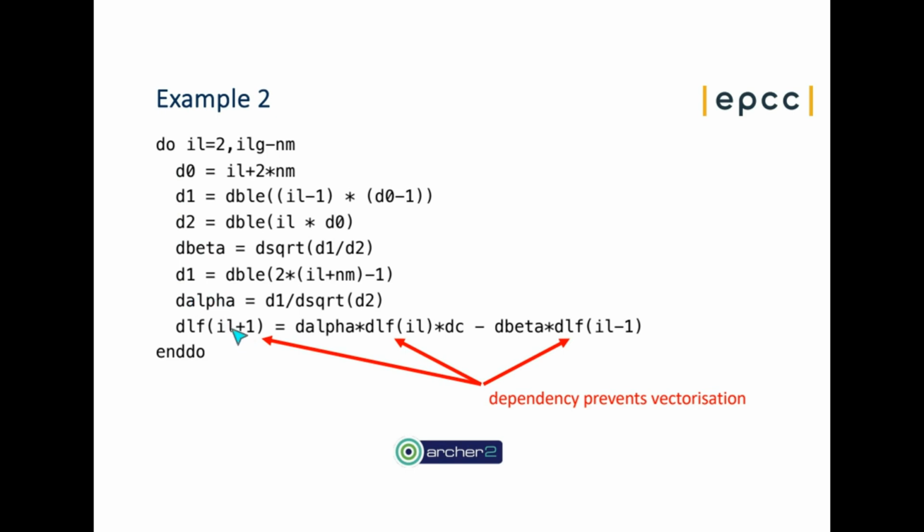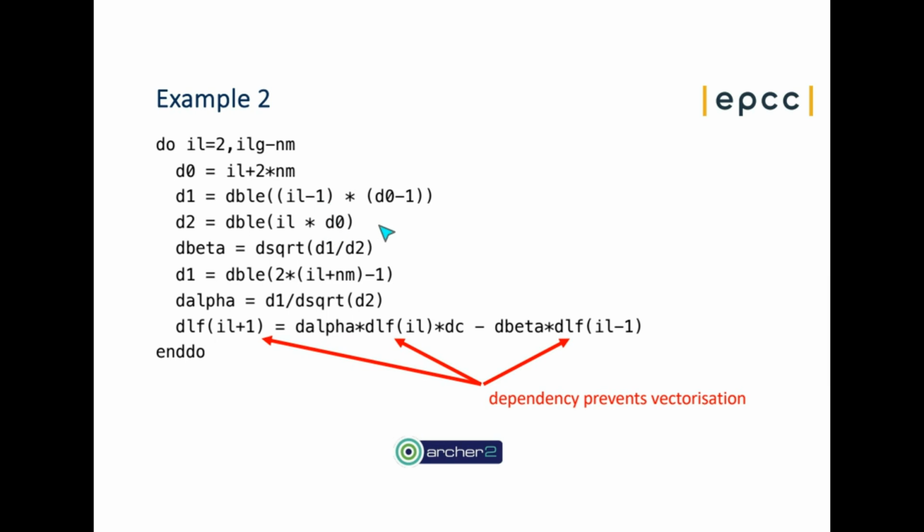But here we're writing to the array element IL plus 1, and that depends on the elements IL and IL minus 1, so it's some sort of recurrence relation. This dependency prevents vectorization, and there's not much you can do about that dependency. That's really part of the algorithm.